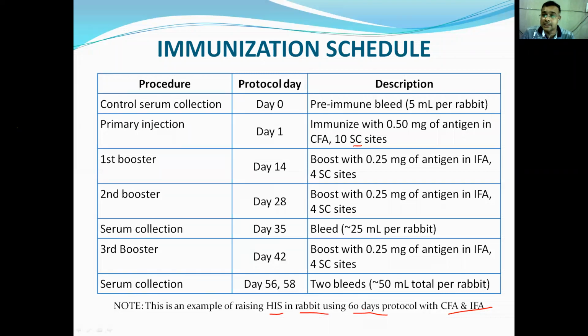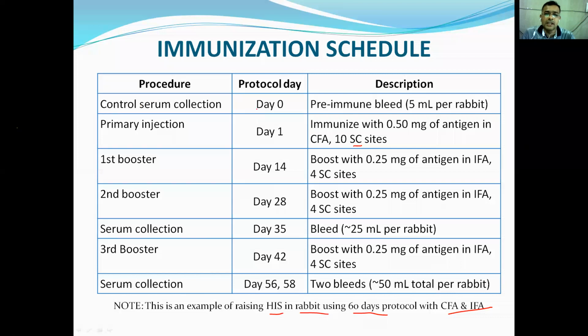In place of a 60-day protocol, we may use a 70-day, 90-day, or 120-day protocol. In place of this adjuvant, we may use alum or Montanide or some other adjuvant. In place of the subcutaneous route, we may use the intramuscular or intradermal route. That depends, but for understanding, I took one protocol that will make this entire procedure simple to understand.